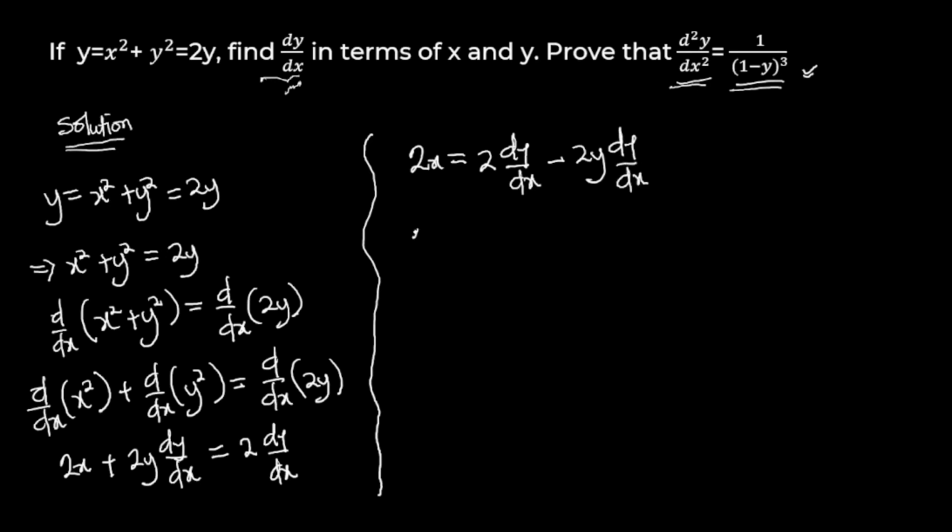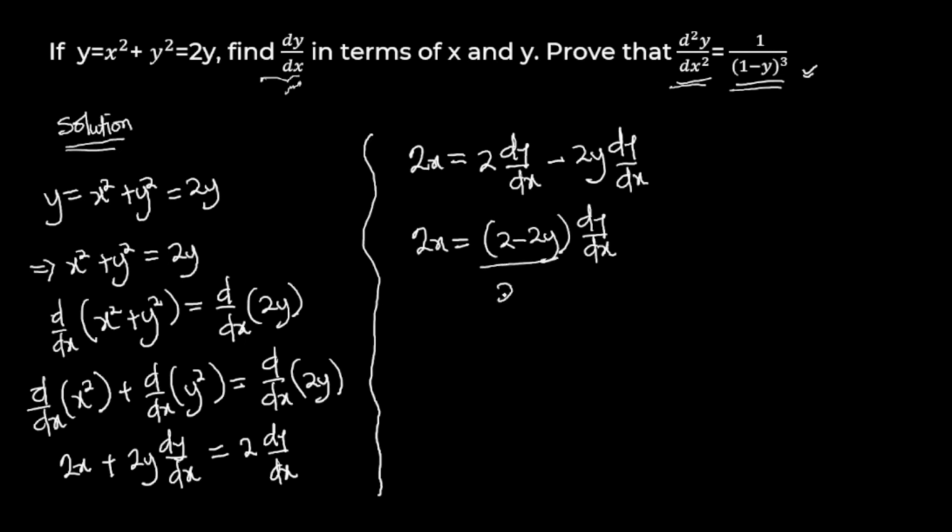From here, 2x will be equal to, if I factor out dy/dx, 2 minus 2y multiplied by dy/dx. So from here, I can make dy/dx the subject by dividing both sides by 2 minus 2y.